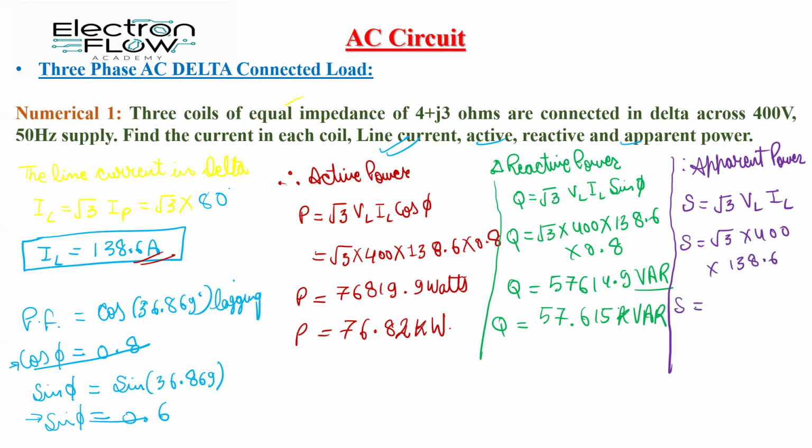The apparent power I get here is 96024.8 VA, where VA is the unit for the apparent power, or I can rewrite this as 96.025 kVA. Lastly, we have calculated the active power, reactive power, and apparent power for the given question.